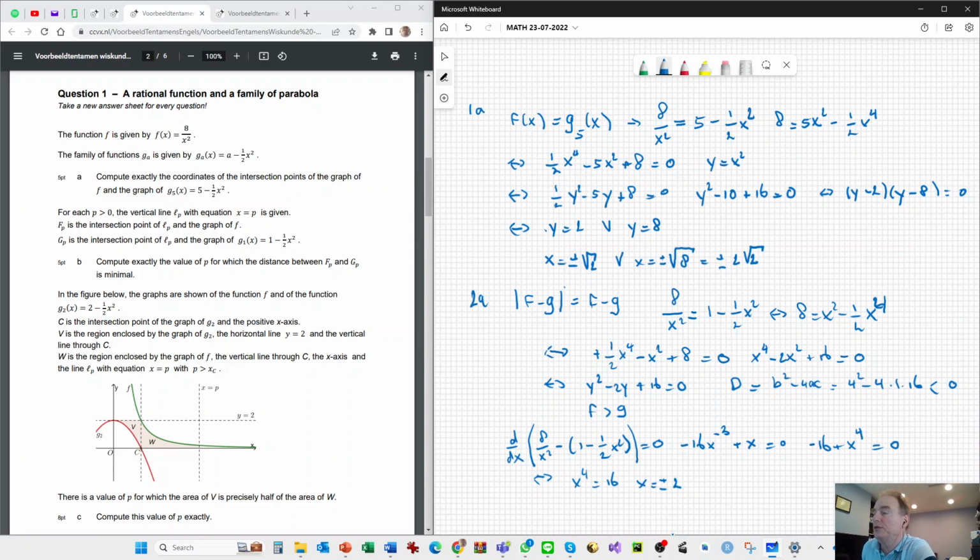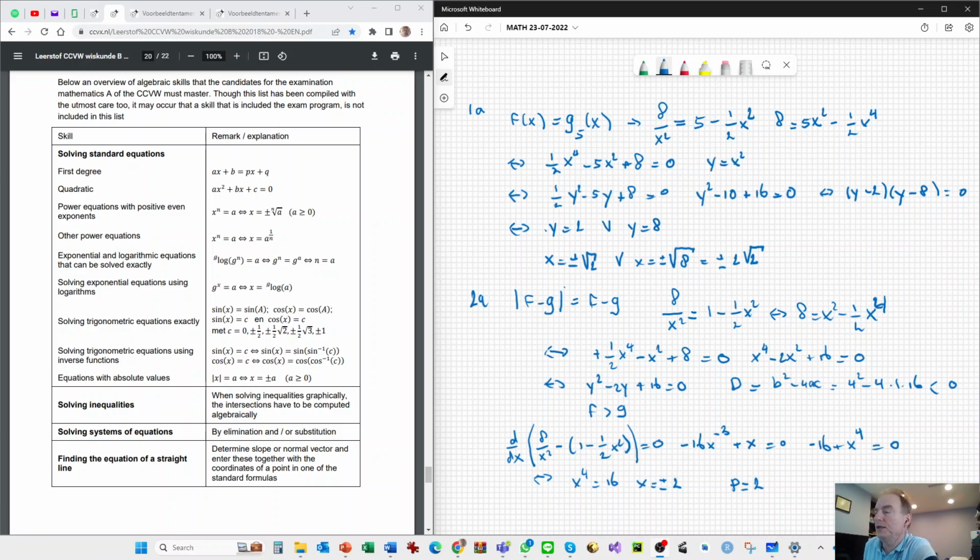And then we should exclude minus 2, and that means we only find x equal to 2. So that means p is equal to 2.